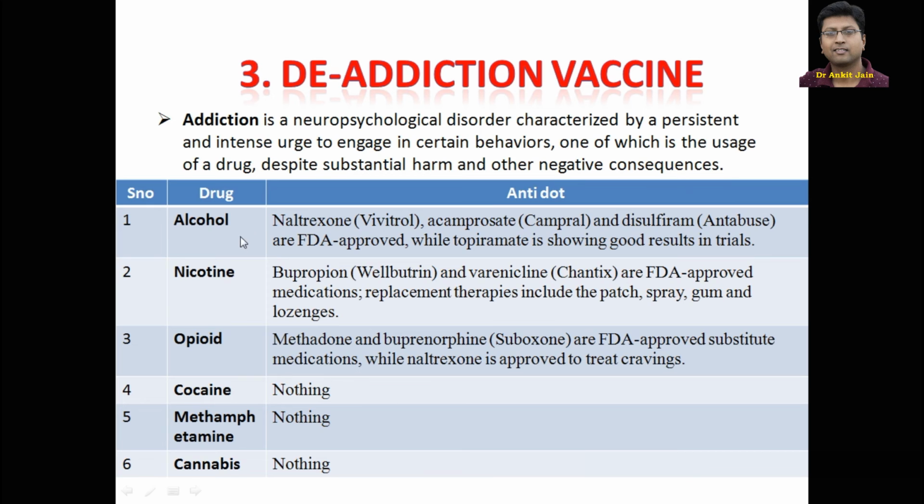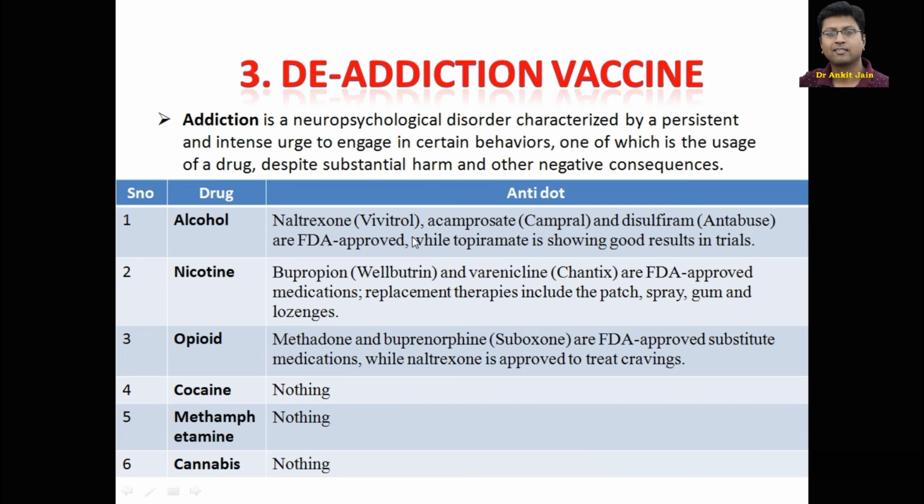These are the drugs: alcohol, nicotine, opioid, cocaine, methamphetamine, and cannabis. And these are the antidotes: for alcohol, naltrexone, acamprosate, and disulfiram.